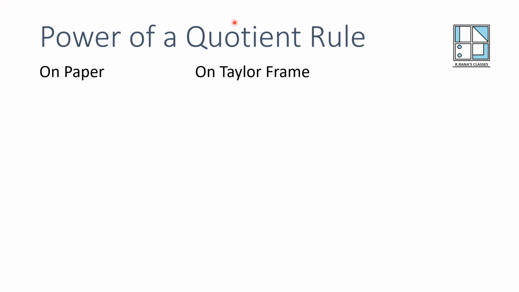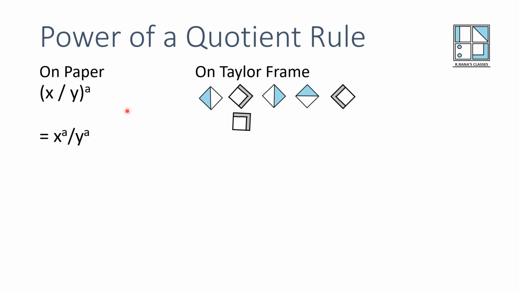Power of a quotient rule. x upon y whole raised to power a is equal to x raised to power a upon y raised to power a. Let us see it on Taylor frame. Brackets open, x upon y. This is how we write a fraction. x upon y, that is numerator upon denominator without leaving a space in between.